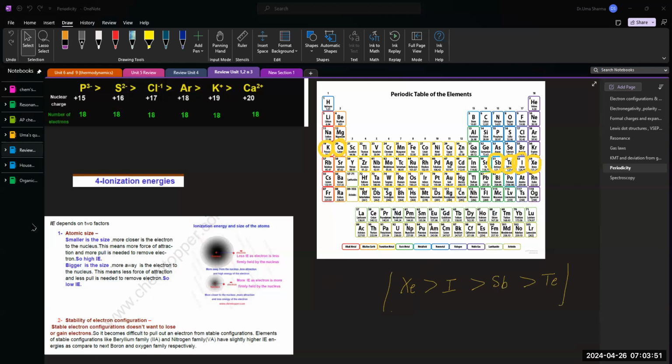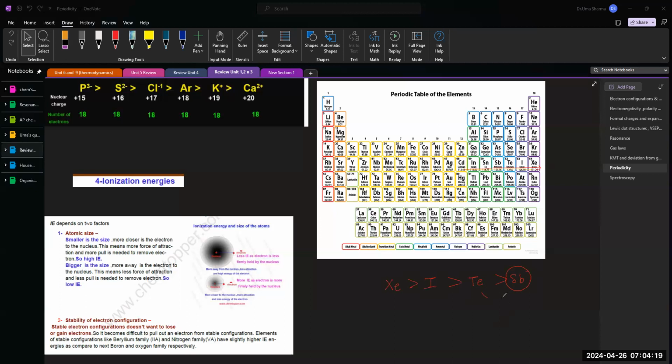Because of the smaller size. And Zara is asking why this iodine is more. So first we have to see the size factor. What is happening to the size? Size is decreasing. Then the order should be that xenon, which is smallest, is highest. This is size order. But then we know that this is an exceptionally stable configuration.